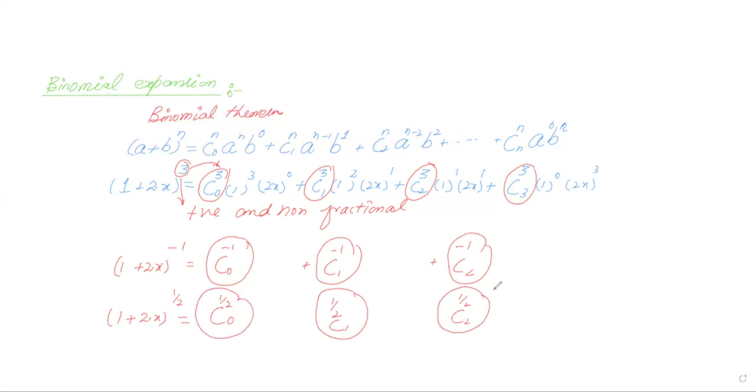So whenever the whole power of the binomial is negative, or the whole power is a fraction like 1/2, in both cases the result of AS level is not applicable.